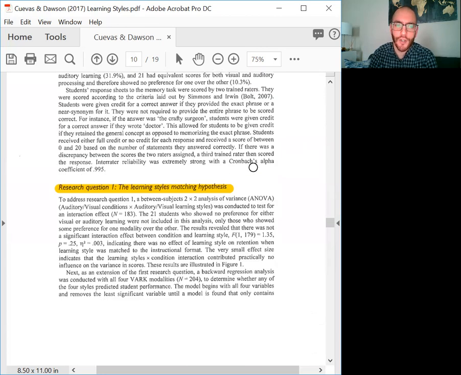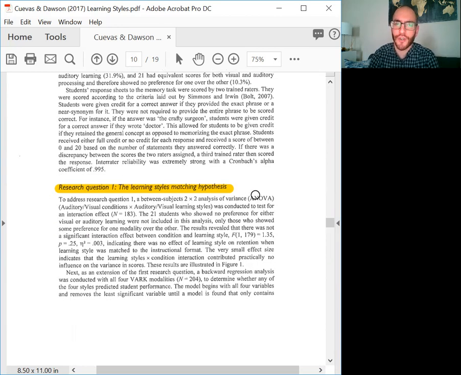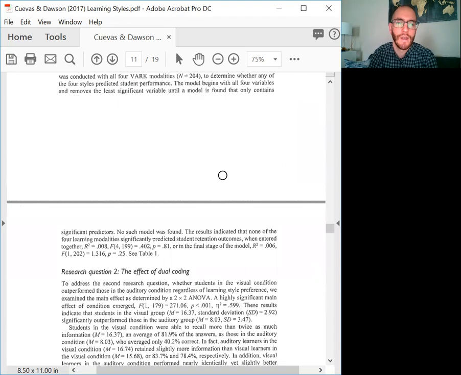In the results section, don't worry any about the specific statistical analyses being conducted, but just focus on what we can learn from these results, assessing this first research question, this first hypothesis, the matching hypothesis about learning styles.